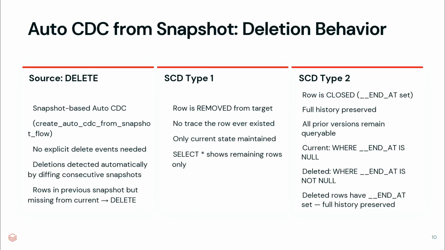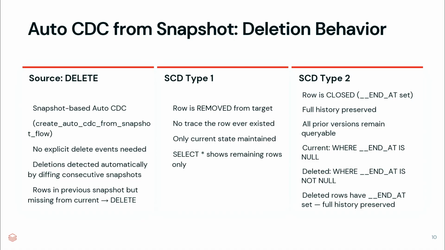For AutoCDC from Snapshot, the deletion behavior in a batch context, we mentioned a little bit about how the engine infers it's a delete because it shows up in your source snapshot, and then it shows up in your target snapshot, but then it disappears from your source. So the API detects that as a deletion.